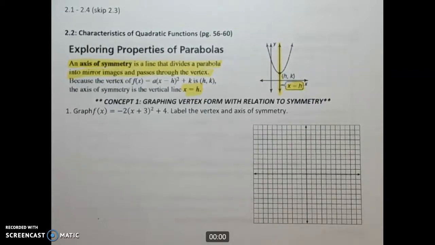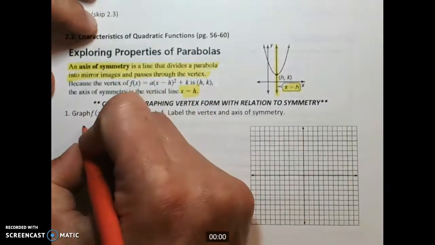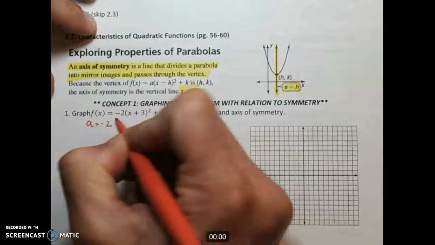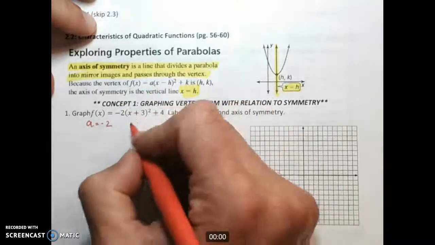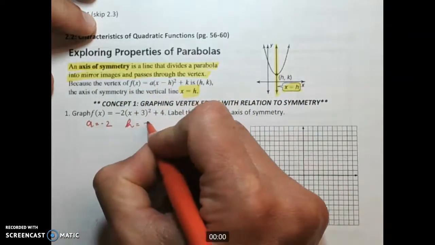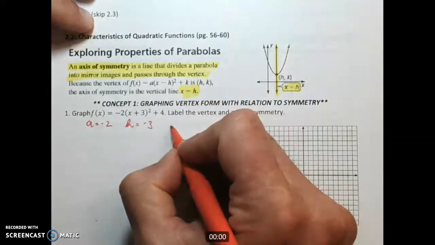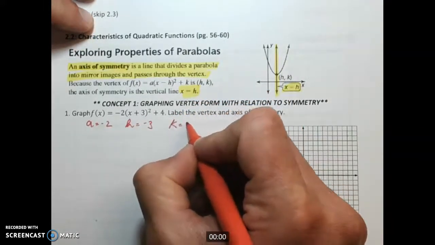Alright, here we go. Concept 1, graphing vertex form. Graph f of x equals negative 2 times the quantity of x plus 3 squared plus 4. And it says label the vertex and axis of symmetry. So first things first, let's go ahead and label. a is negative 2, h is negative 3, and k is 4.